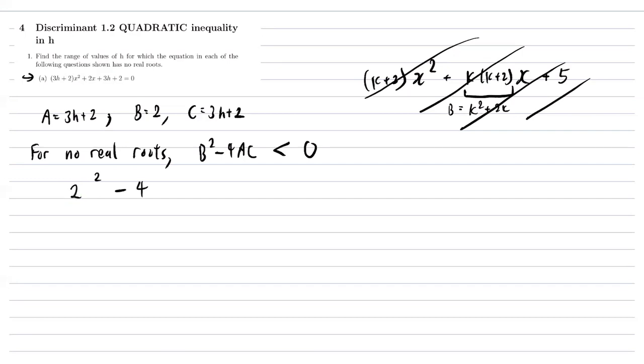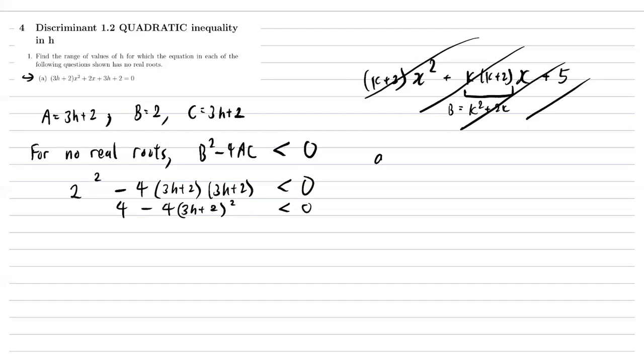Minus 4 times a times c less than 0. What you'll notice is that 3h plus 2, 3h plus 2 repeat. So you can actually rewrite it as 3h plus 2 bracket square minus 4 in front, 2 squared, which is just a 4. So 4 minus 4 times 3h plus 2 bracket square.